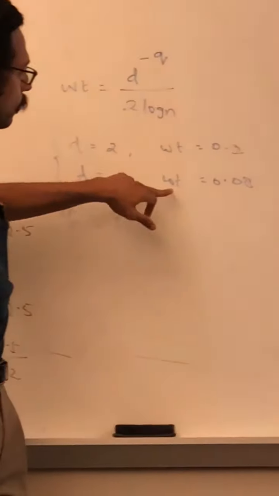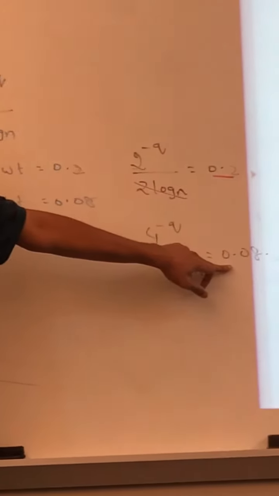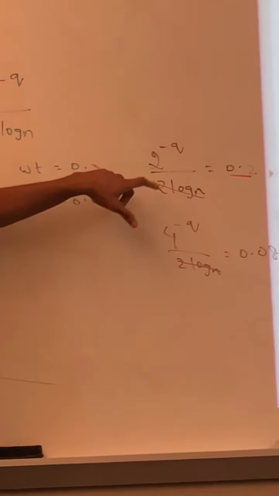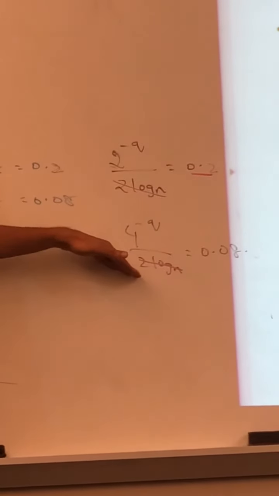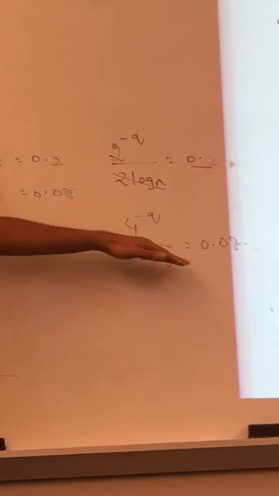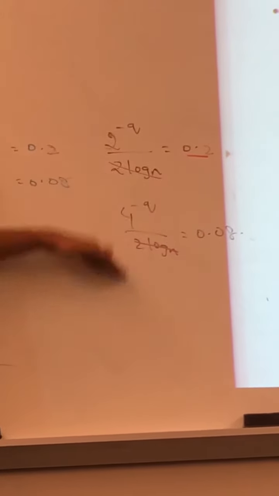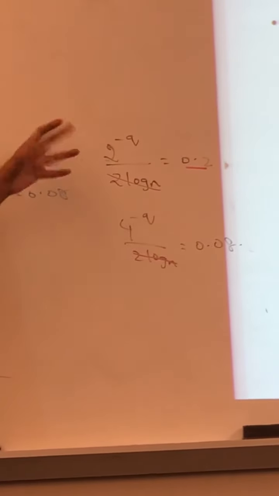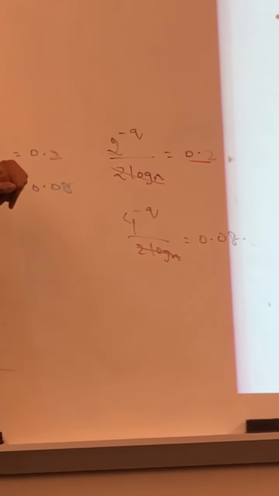Then if the distance is 4, 4 to the negative q divided by 2 log n is 0.08. So we want to now solve for q. Just divide the first equation by the second equation. That will get rid of the 2 log n in the denominator on both. Okay, so clear? That's a math way to find an unknown, right?